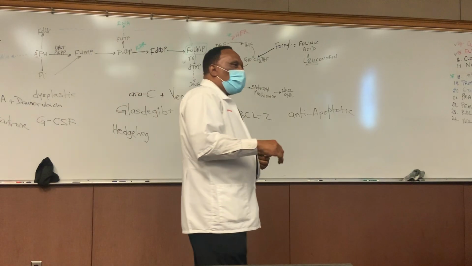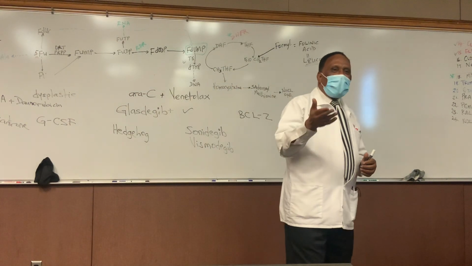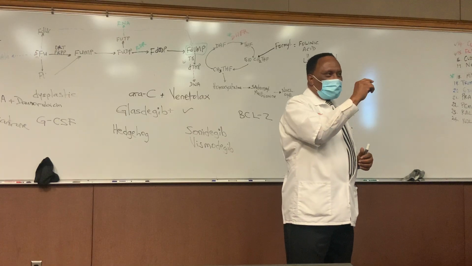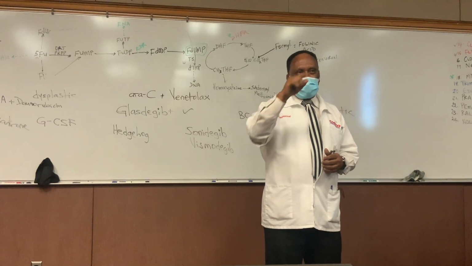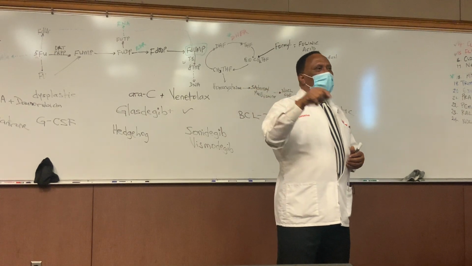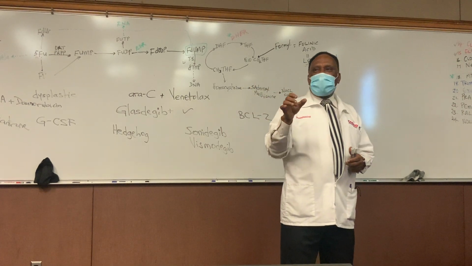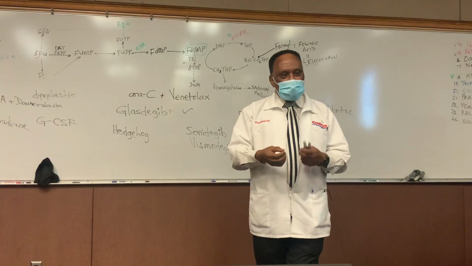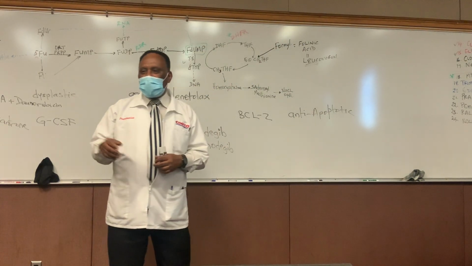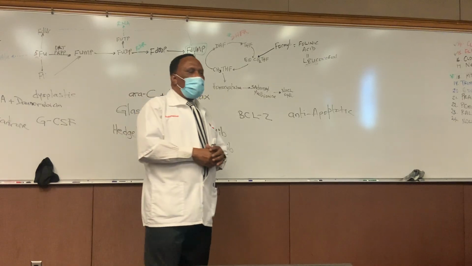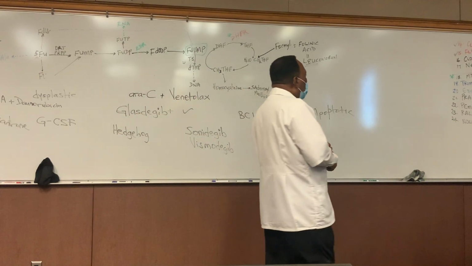Okay, so we talk about the M&M regimen, 6-mercaptopurine plus methotrexate, M&M. The M&M regimen can be used for induction of remission in a patient that has acute lymphocytic leukemia.